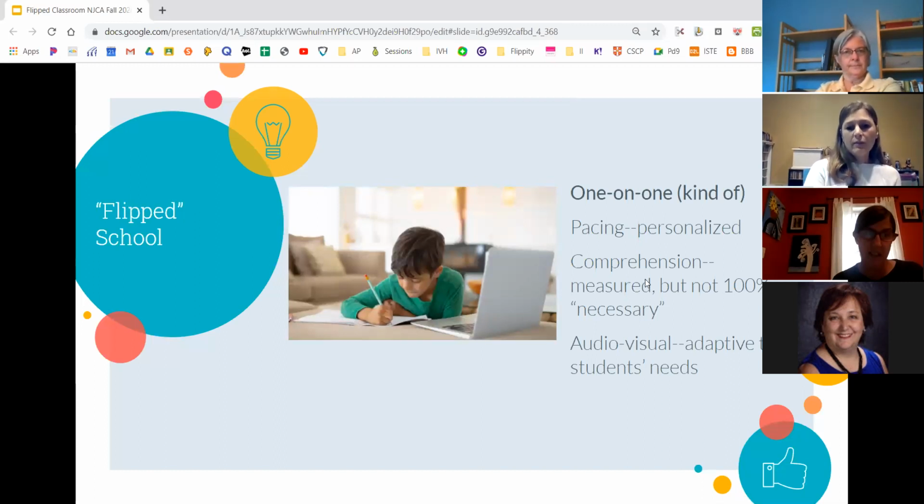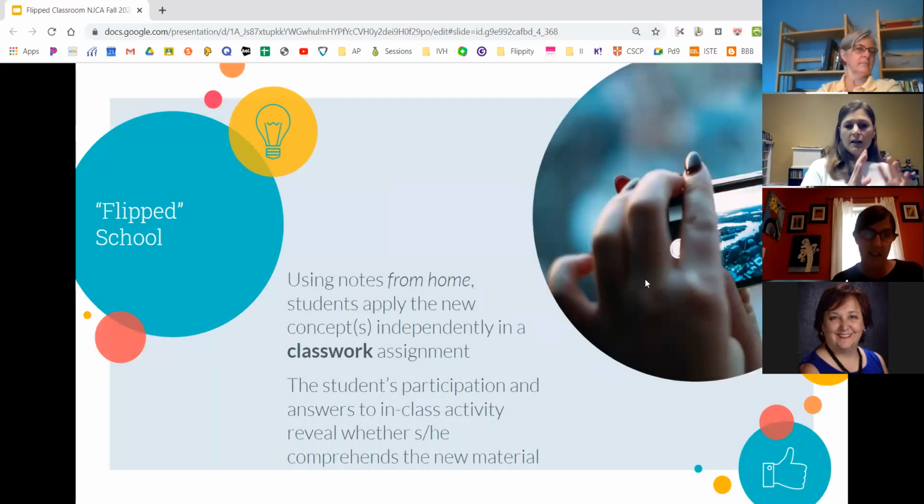With the flipped learning model, the students have now taken the notes at home, and now they come back to my classroom the next day, and that's where we apply things. And that's where I can see more authentically what students are grasping and what they're struggling with. And I can cater my secondary part of the instruction to the parts that they're struggling with or the parts that they're succeeding at.